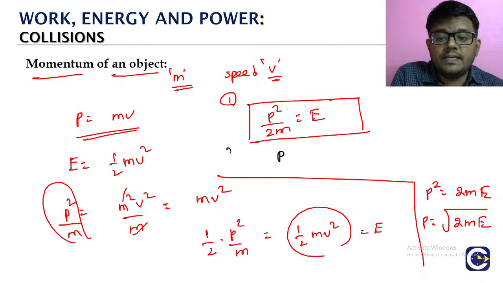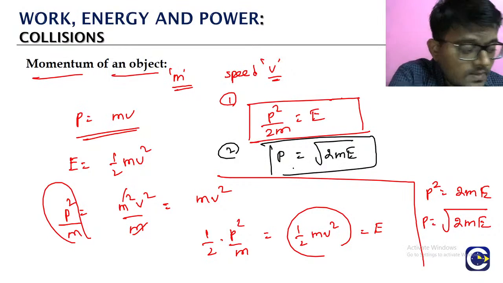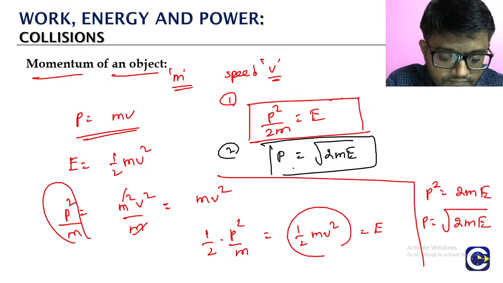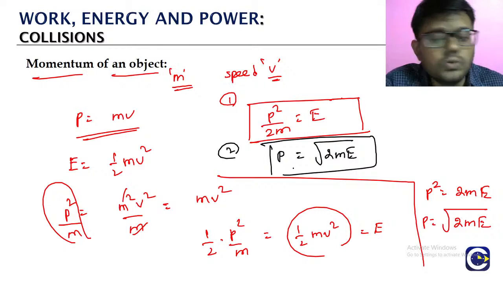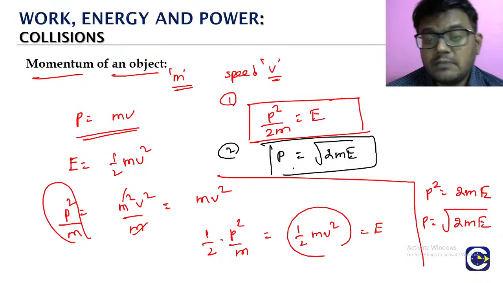What is the second expression? p is equal to root 2mE. When we want to find the momentum, given the kinetic energy and mass of the object, we can use it. In this chapter alone, at least four or five times they have asked questions based on these relations.